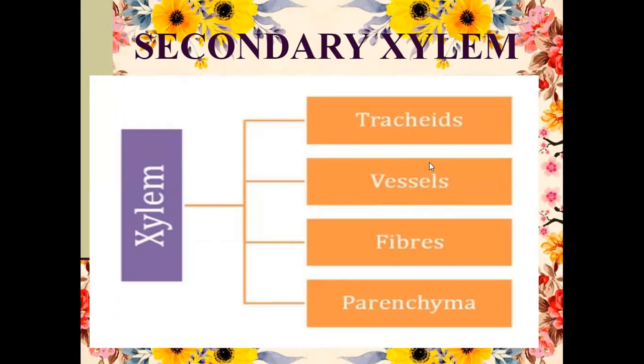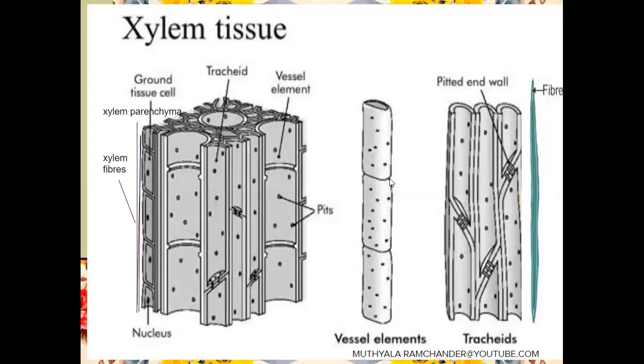These four major parts are present in higher plants. In lower Tracheophyta, vessels are absent and only xylem cells are present. So the secondary xylem is composed of xylem tracheids, xylem vessels, xylem parenchyma, and xylem fibers.